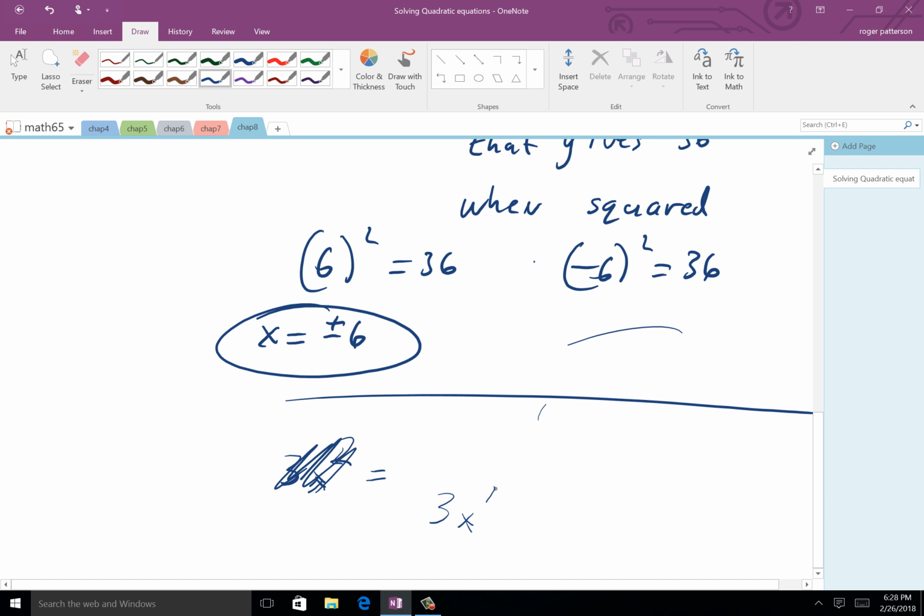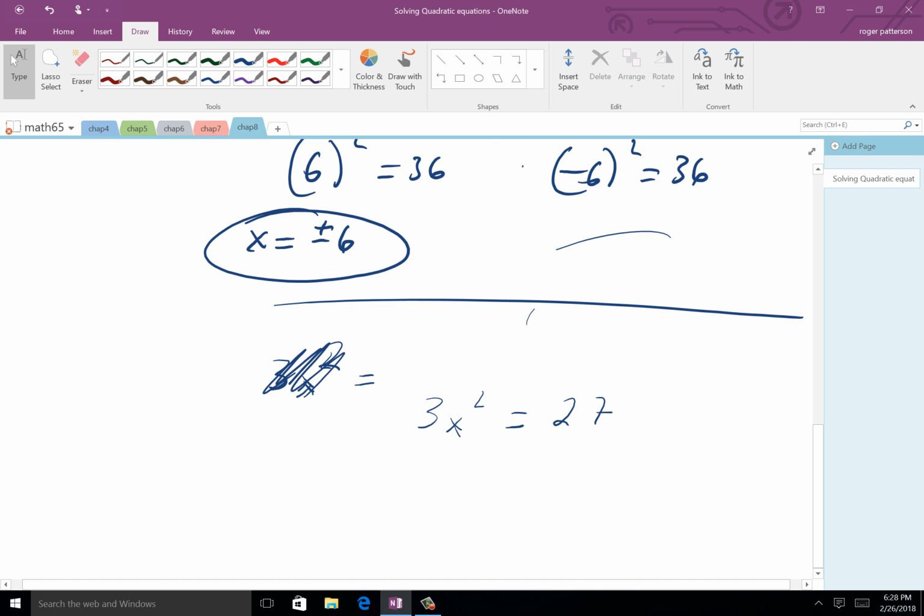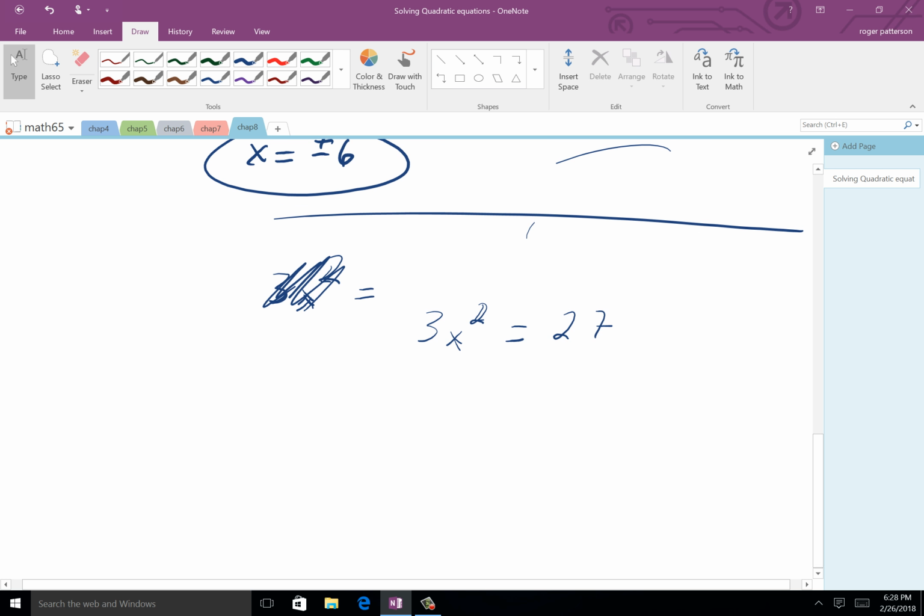3x squared equals 27. Okay, so now what I want to do is treat it like a normal equation. If we treated this as an x, what are we going to do to both sides first? Yeah, so we're going to do the exact same thing. Nothing really changes there.